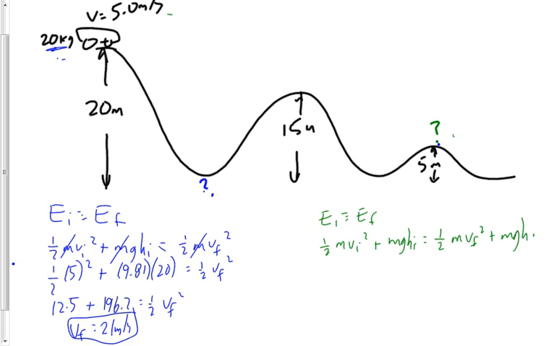This stuff should be coming back to you from your West Ed assignment because you had to do this with your West Ed assignment, right? A few times. Masses cancel again because it appears in every term. Initial energy ends up being exactly the same.